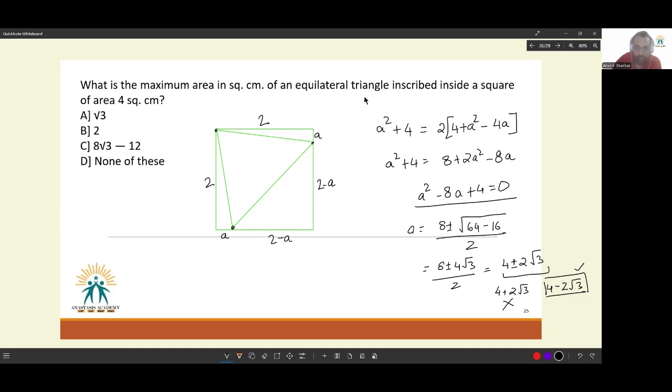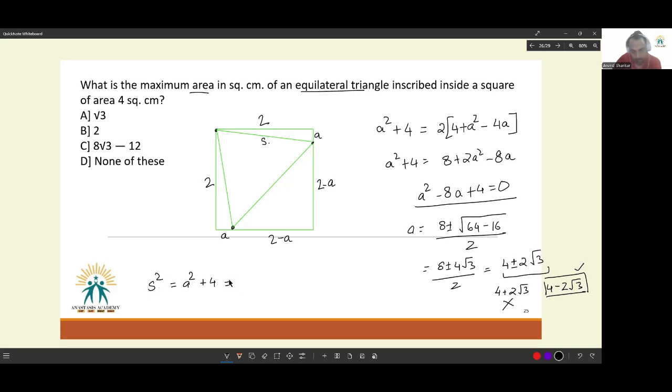So now, finally, we need the area of the equilateral triangle. So side of the equilateral triangle, remember, was A square plus 4. This was equal to side square.